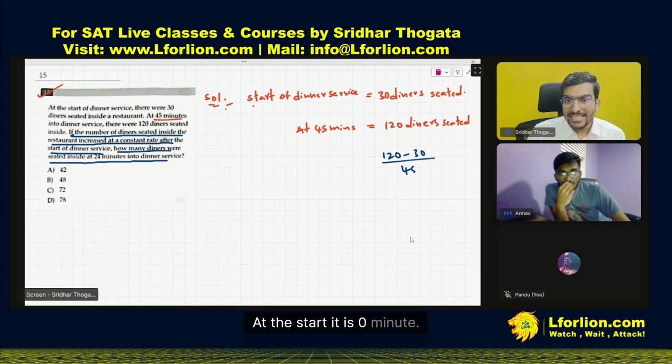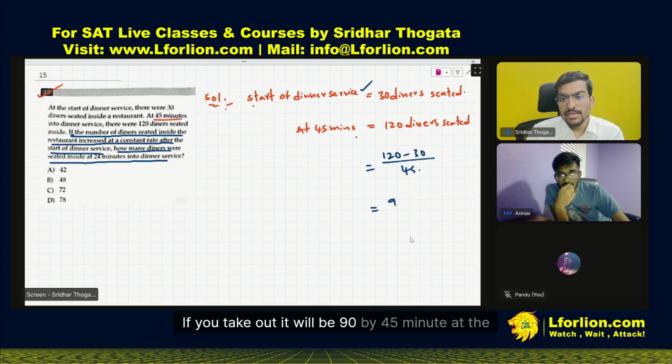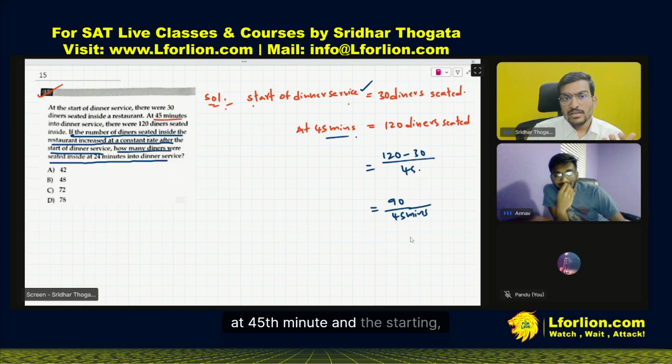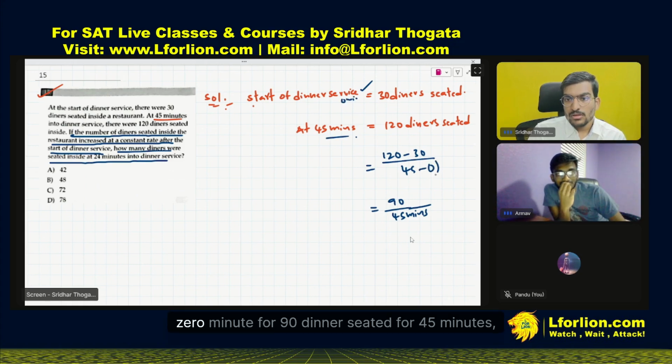At the start it is 0 minute, but at 45 minutes it is this much, which means what rate it is going. 120 minus 30, if you take out, it will be 90 by 45 minutes. I calculated the rate by subtracting at the 45th minute and at the starting you can consider 0 minute.